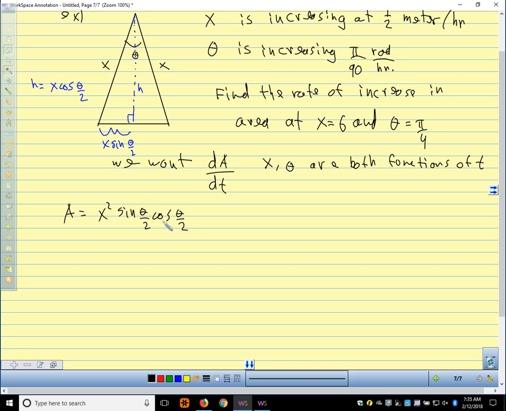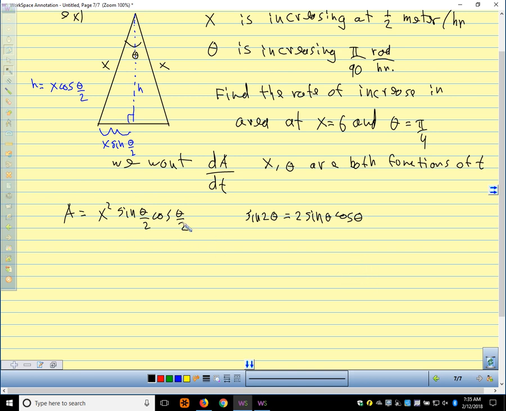But don't we know an identity that has a sine of something times a cosine of something? 2 sine theta over 2 cosine theta over 2 is sine theta. Sine 2 theta is 2 sine theta cosine theta.